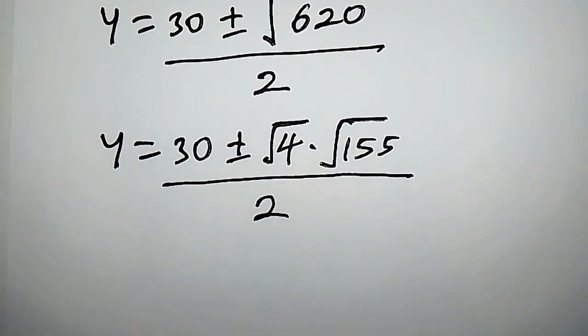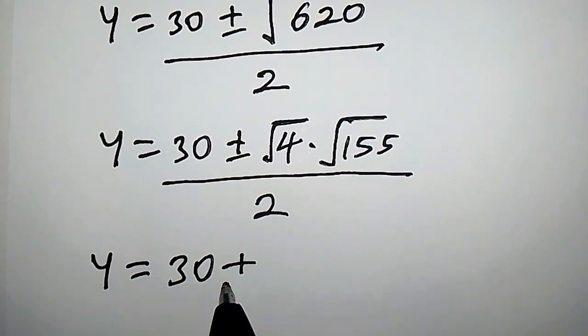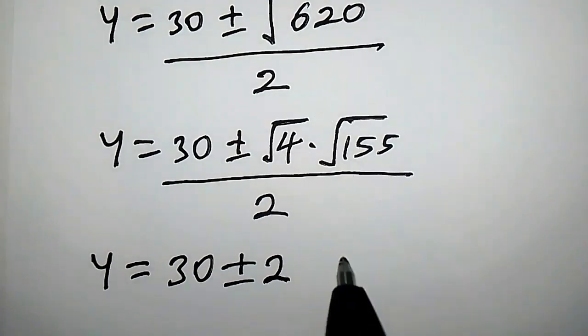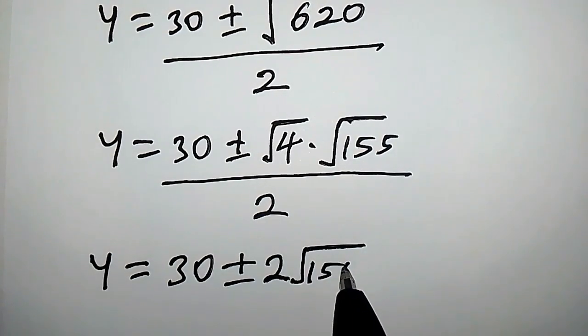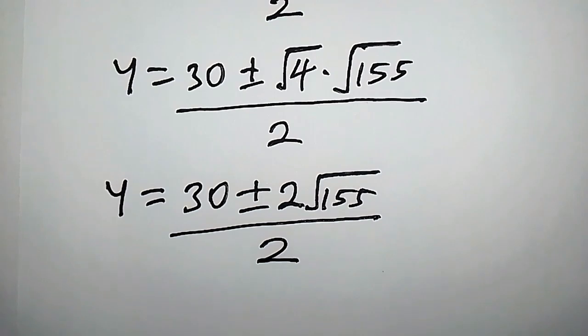So let's proceed further. y equals 30 plus or minus, what is the square root of 4? That is simply 2 times root 155, divided by 2.